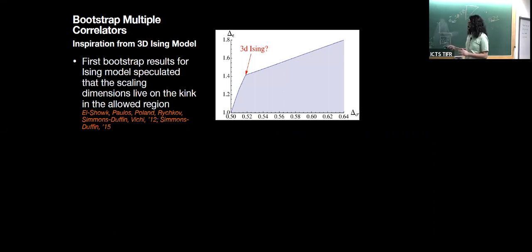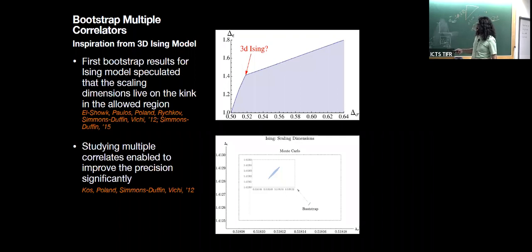Does it not? They were not sure. Then eventually, once they studied more correlators, I think a family of 3 correlators here, they were really able to make this into a really small island. Already with 1 correlator, we have more precision than they did for a non-spectrum observable, because they have 5 digits and we have 7 digits for the structure constant.